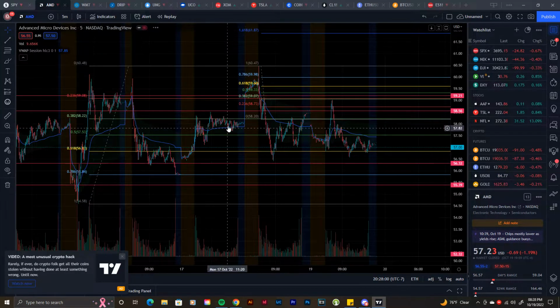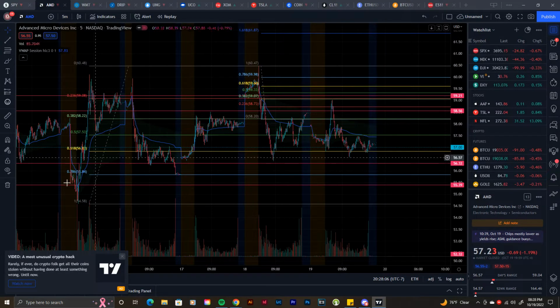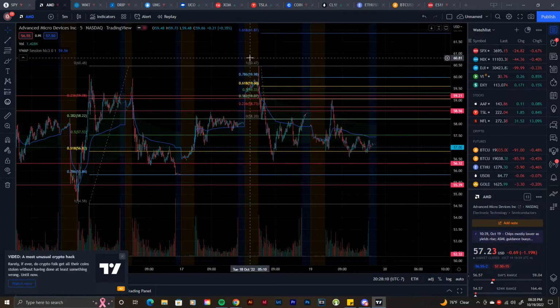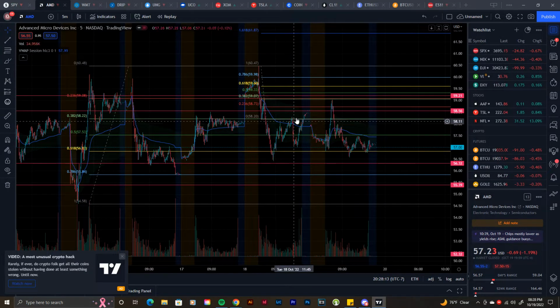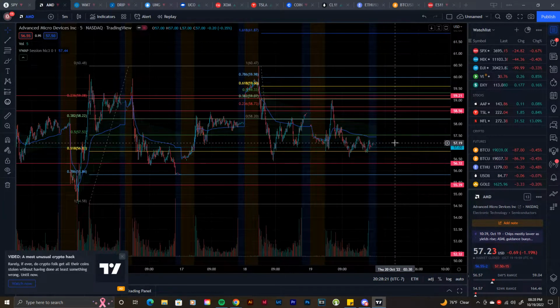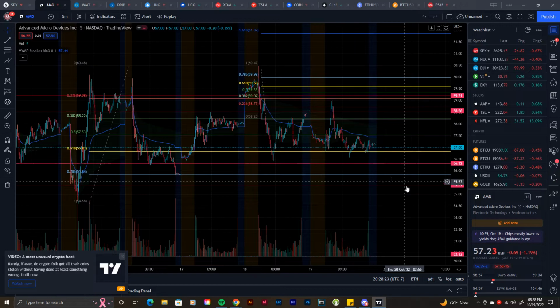Let's see here. AMD's done it a couple times. Looking at this as a larger move from bottom to top, it came back to the golden zone once, went up, went to the golden zone again, ripped up, came back to the golden zone, and couldn't really find any more upward movement. So we'll have to see what tomorrow brings. Is it going to keep going up or is it going to keep going down?